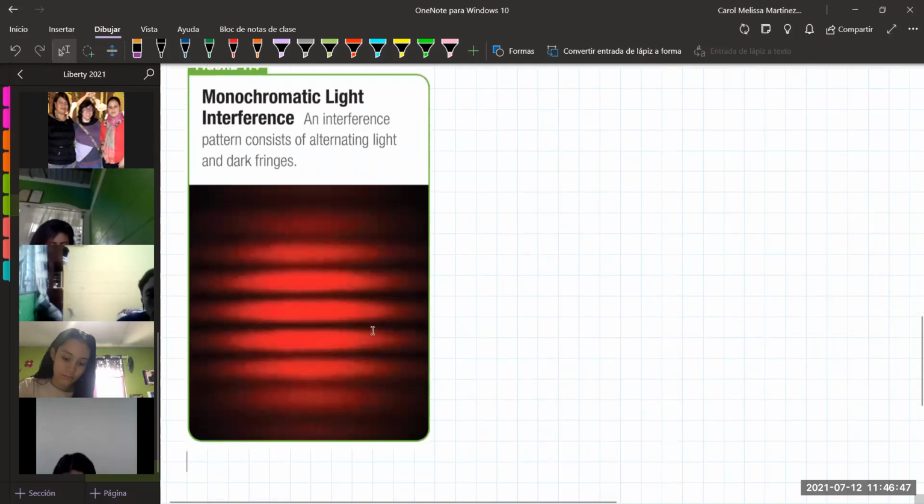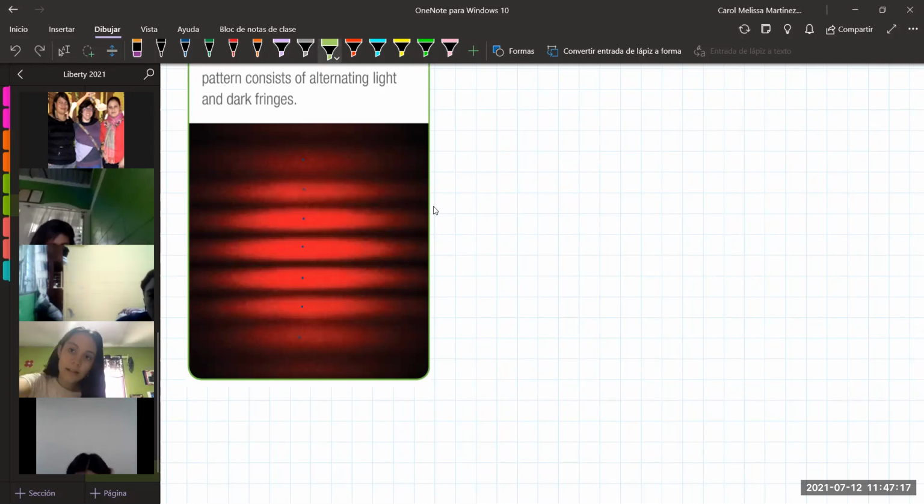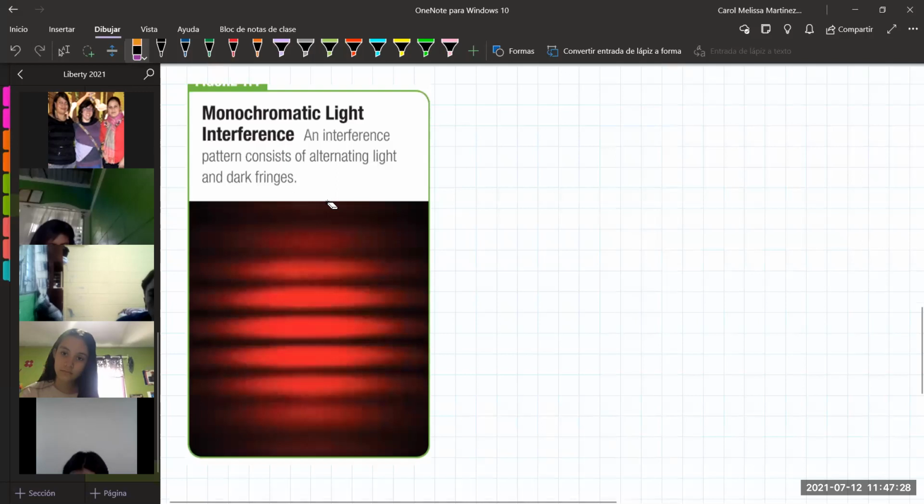So, the bright side represents constructive or destructive interference? Do you remember? The one that is bright has, exactly, the one that is bright represents constructive interference.